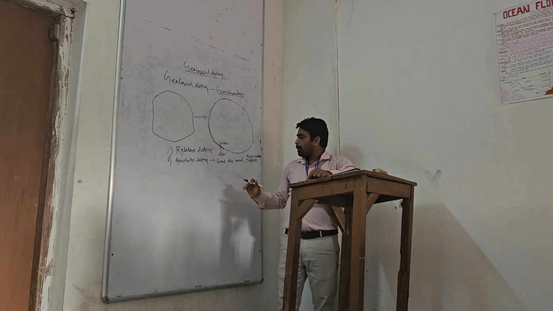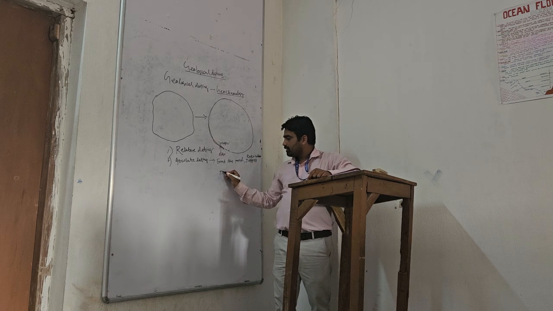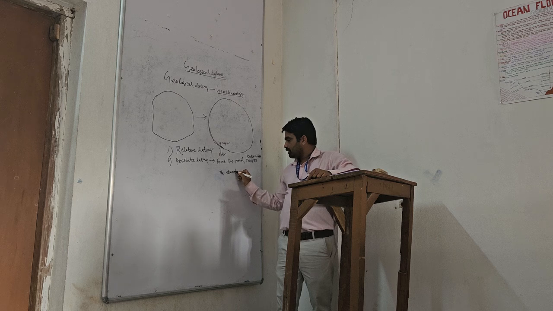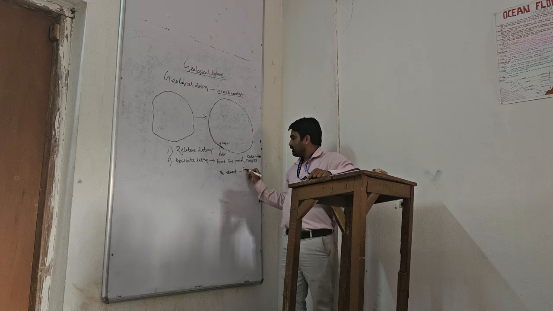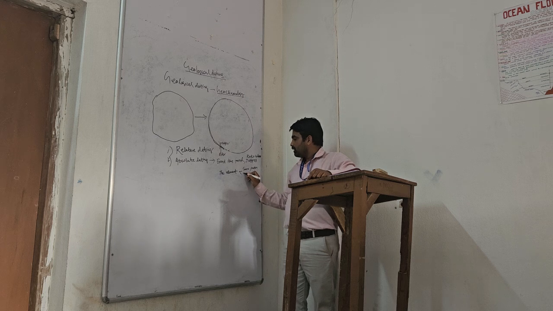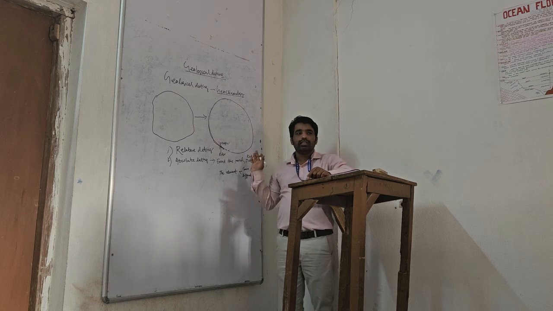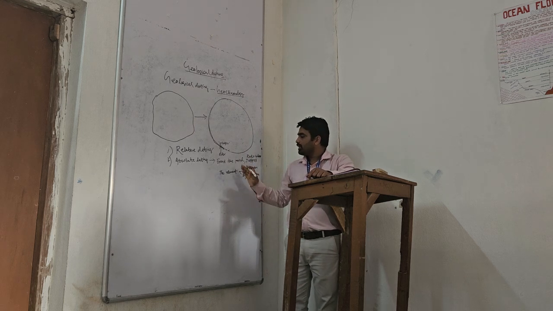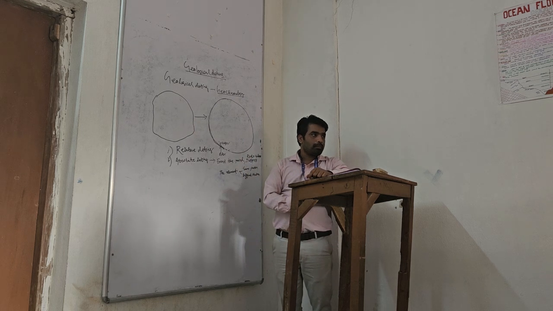Radioisotope means elements having the same proton number but different neutron number: same proton, different neutron. These elements are mainly used during the absolute dating method.